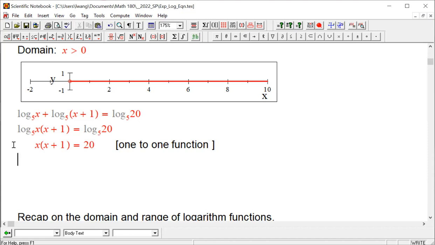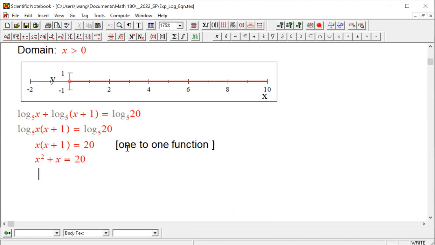So next, we ended up solving this quadratic equation. We're going to have x squared plus x equals 20. Make it 0, so x squared plus x minus 20 equals 0. Factor.